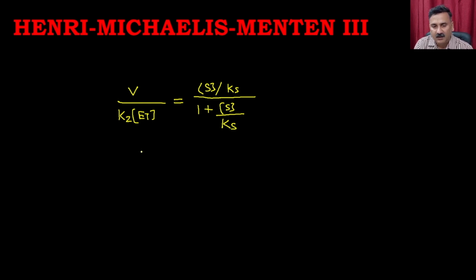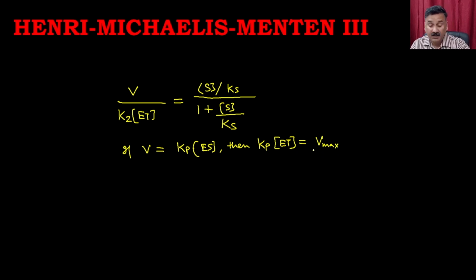And if V is equivalent to K2 into ES, then K2 ET is going to be the Vmax, because the enzyme gets saturated at this particular level. So this is equation number 6, and this is equation number 7.